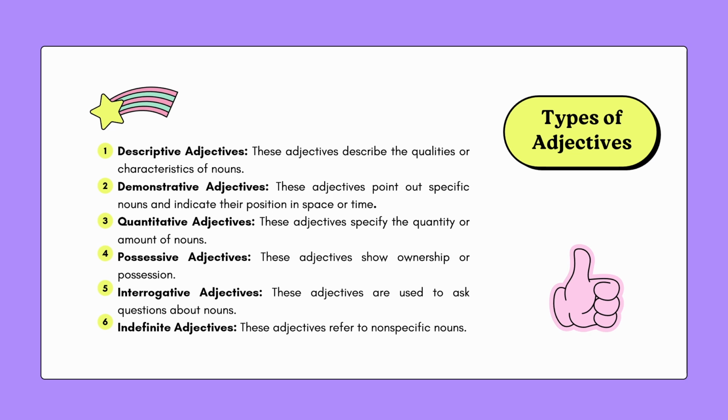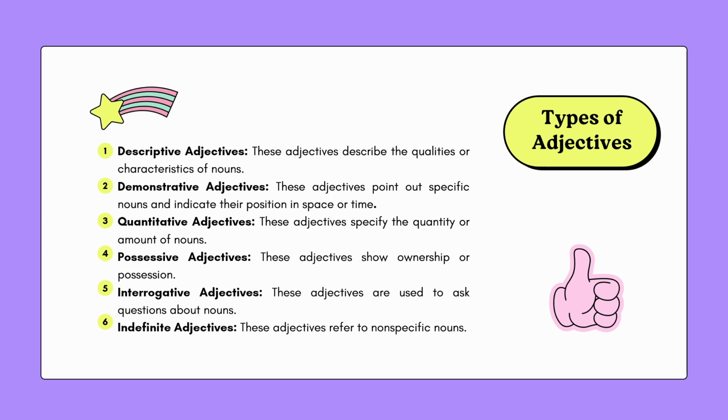Types of adjectives. We can categorize adjectives into 6 different types. Descriptive adjectives describe the qualities or characteristics of nouns. Demonstrative adjectives point out specific nouns and indicate their position in space or time.